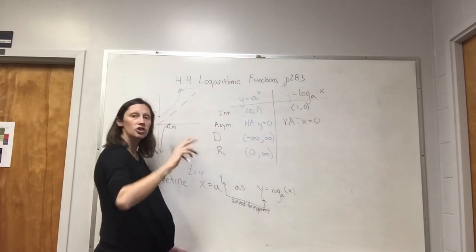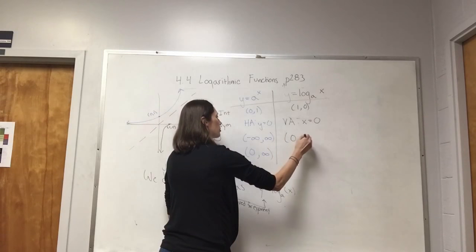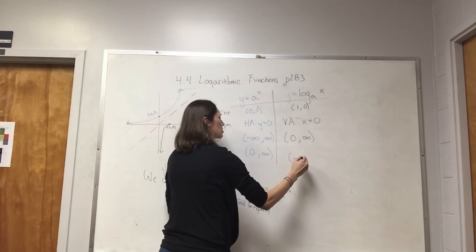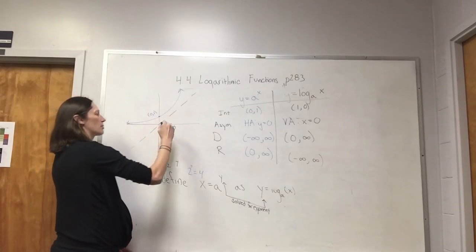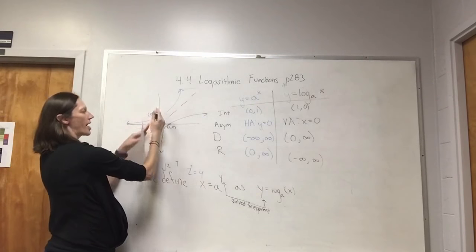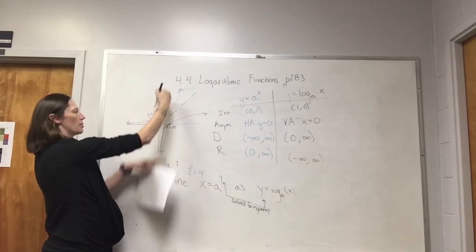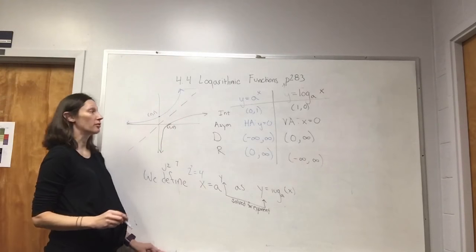So the inverse graph is going to swap both of those. The x's and y's are switching. So the domain is 0 to infinity, but the range is negative infinity to infinity. So I'm going to get something that looks like this, where if I squish this into the y-axis, everything gets covered, but if I push it into the x-axis, only the positive x's get covered.